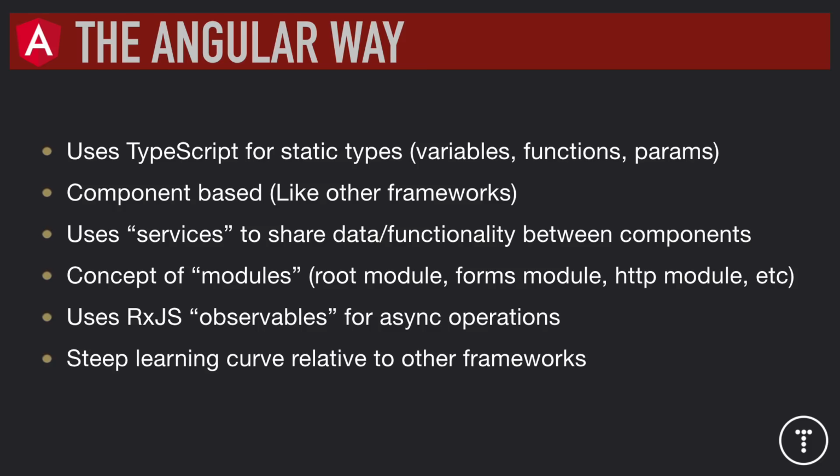It even has its own HTTP module, so instead of using the Fetch API or having to install Axios or some other library, you get a custom HTTP module to make your GET requests and POST requests and so on. Also, instead of promises, in many cases you'll be using observables, which are basically open data streams. So when we make an HTTP request from a service, we usually return an observable and then subscribe to that observable in the component, and that's how we handle asynchronous operations.